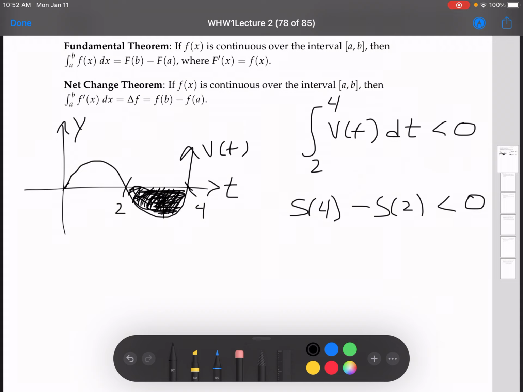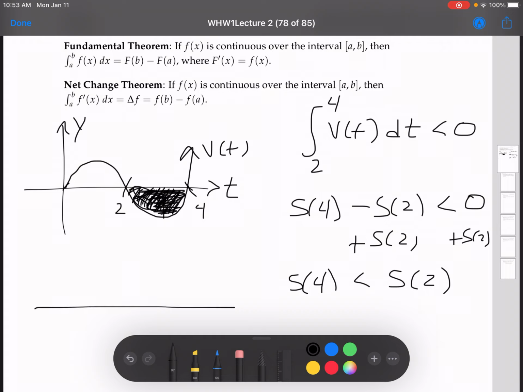Now, doing a little math, if we add s of 2 to both sides, we get that s of 4 is less than s of 2, where s is the position at time t of our cart rolling on a flat surface.